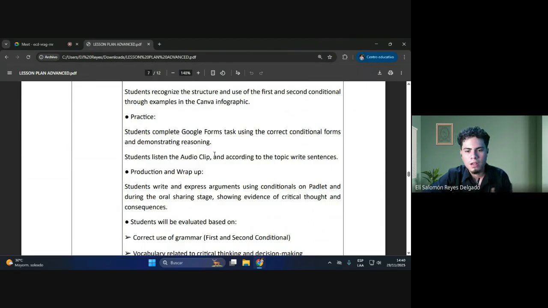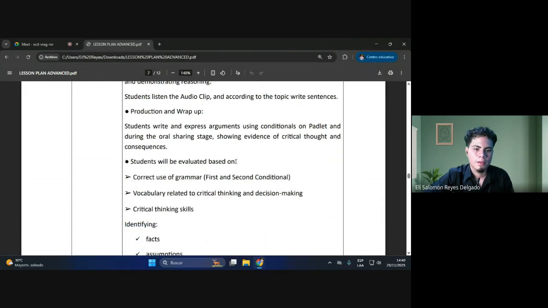Students listen to the audio clip and, according to the topic, write sentences. Production and wrap-up: students write and express arguments using conditionals on Padlet and during the oral sharing stage, showing evidence of critical thought and consequence.